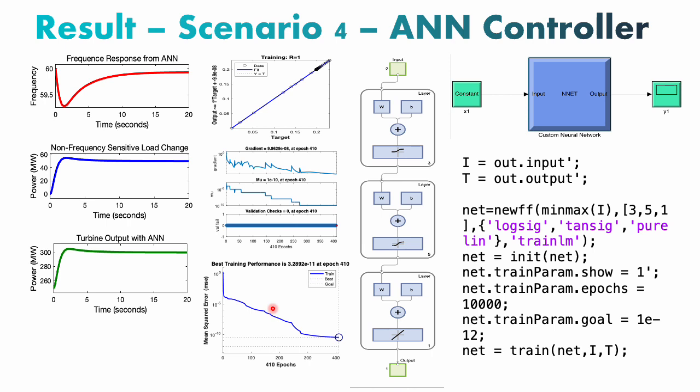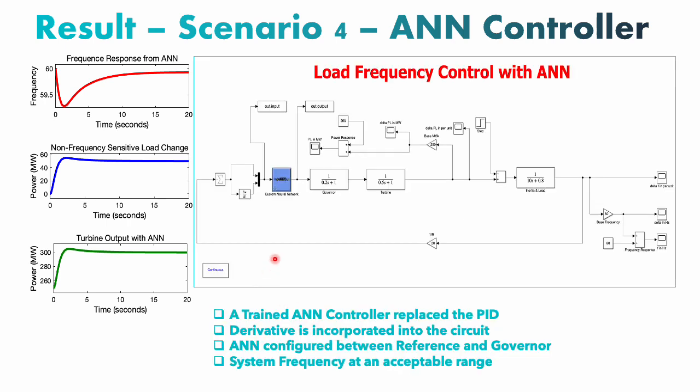But all in all, we would say the output was very good, because after training the ANN, we incorporated it in the system, as you can see, and we also included an additional derivative into the system to improve the results. However, we got a result that was less better than scenario 3.